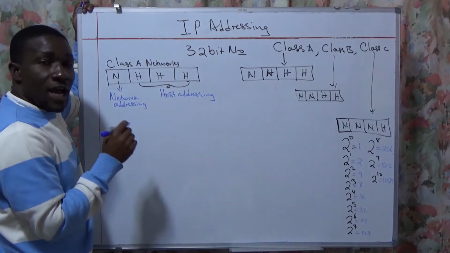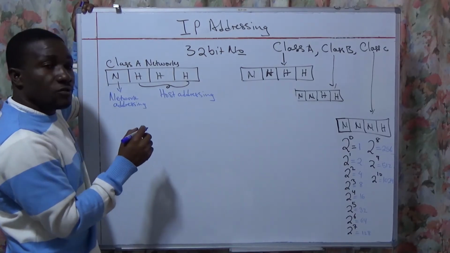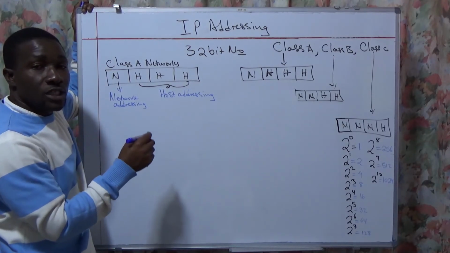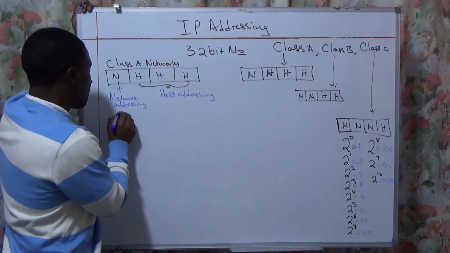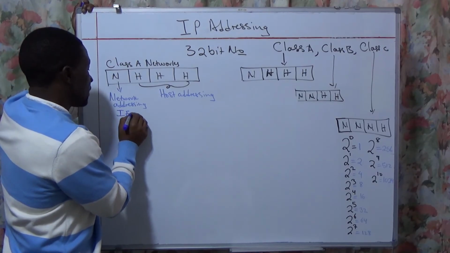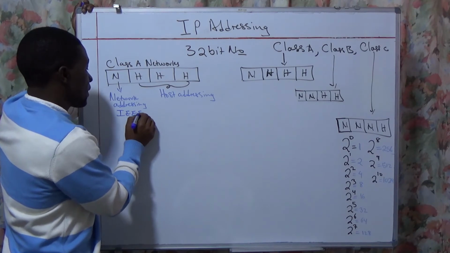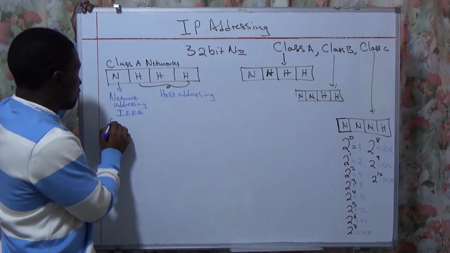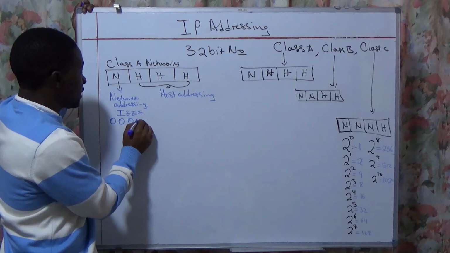But basing on the IEEE rule, the Institute of Electrical and Electronics Engineers specified that in class A, we reserve the first bit.